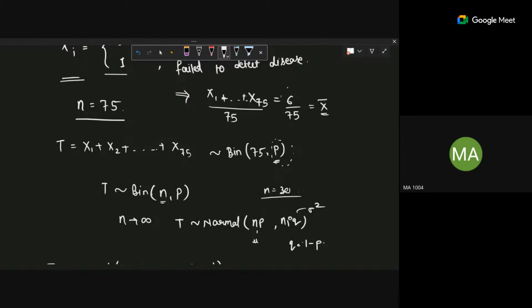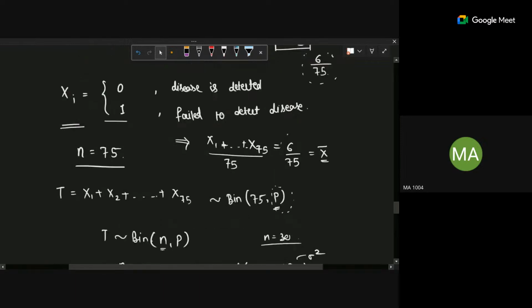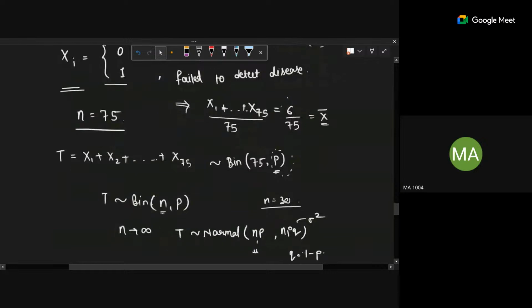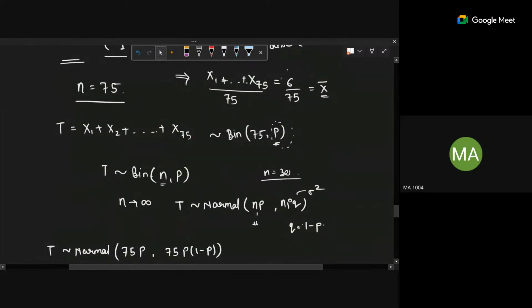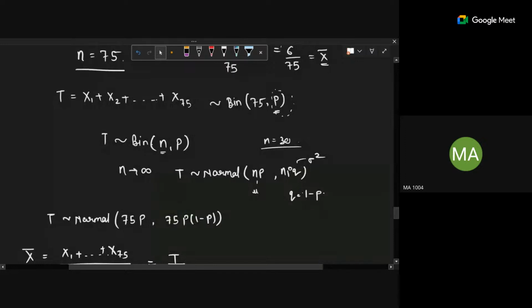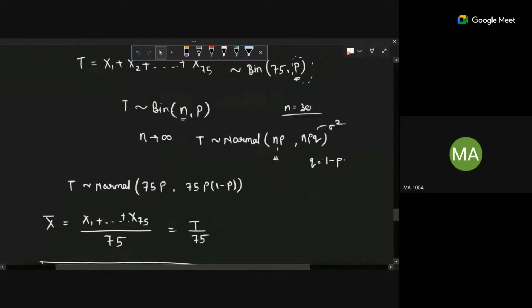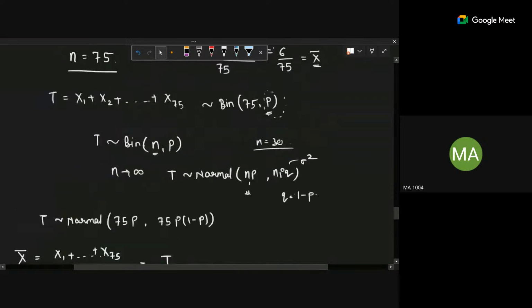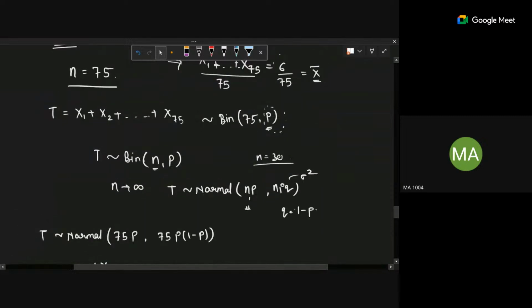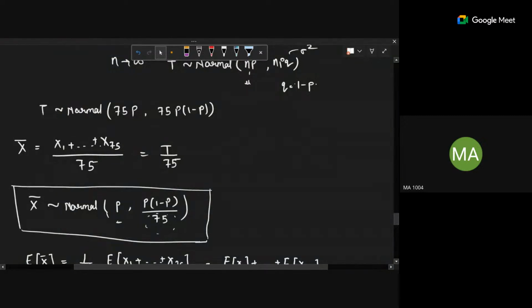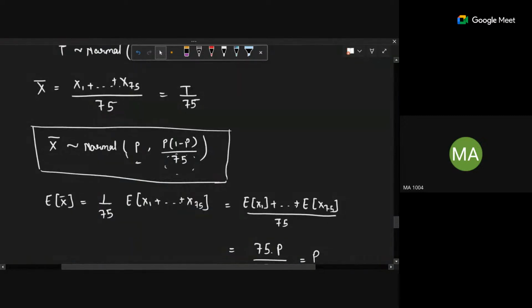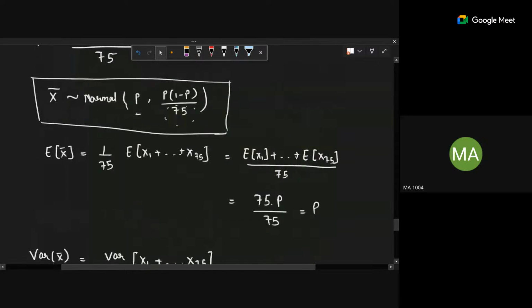If these are Bernoulli, adding them gives a binomial. If it is a binomial random variable, once n reaches more than 30 or approaches infinity, it will behave like a normal distribution. To avoid confusion of mean and variance, I have taken the sum first and then divided it by 75, because there were some changes in mean and variance that we explained. Finally, we got that x bar is normally distributed.